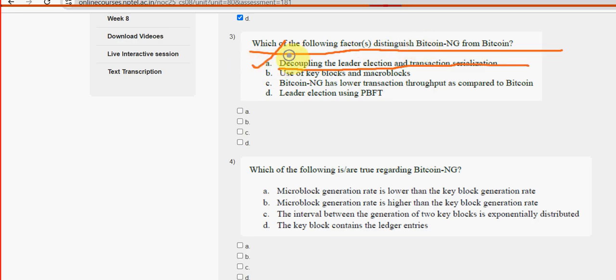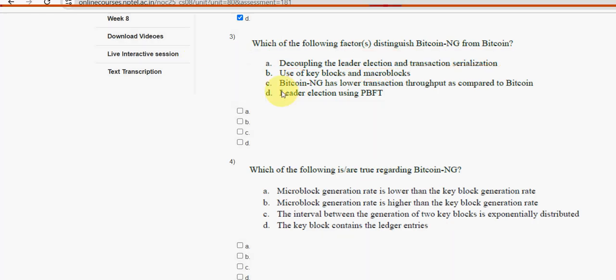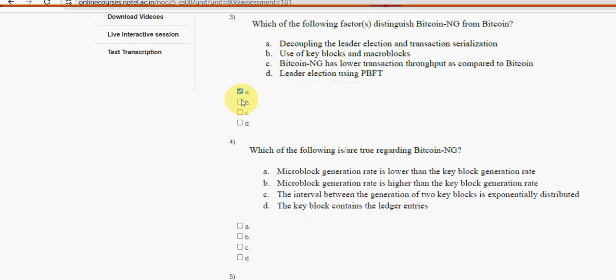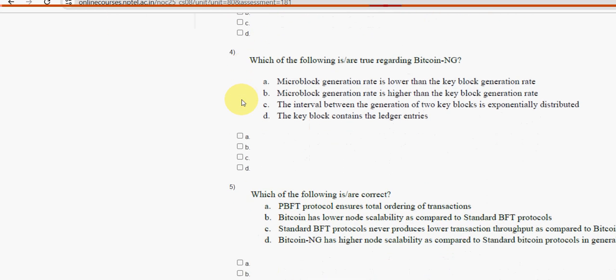In option B, they have given macro block, but it's actually micro block. So with this small difference, we are ignoring option B, and the remaining for their respective reasons. So we are going with only one option, that is option A. You can suggest, guys, if you know this exactly, but option A is correct. Next, fourth question.